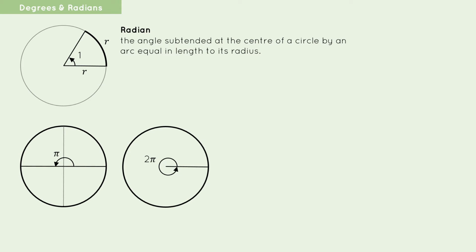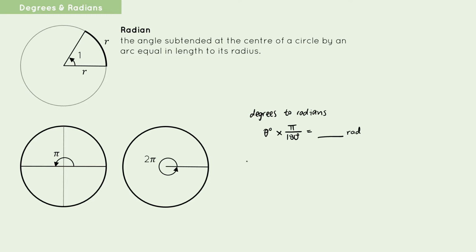So how do you convert from degrees to radians? Let's say you have some angle in degrees and you want to change it to radians: you multiply by pi over 180 degrees, and that will give you your answer in radians.